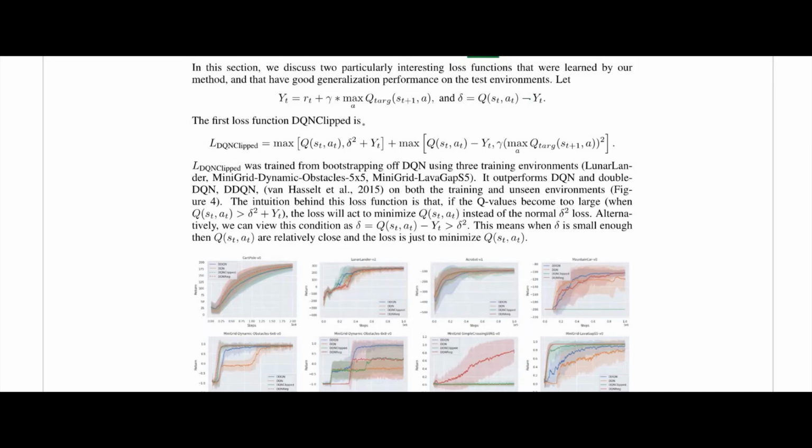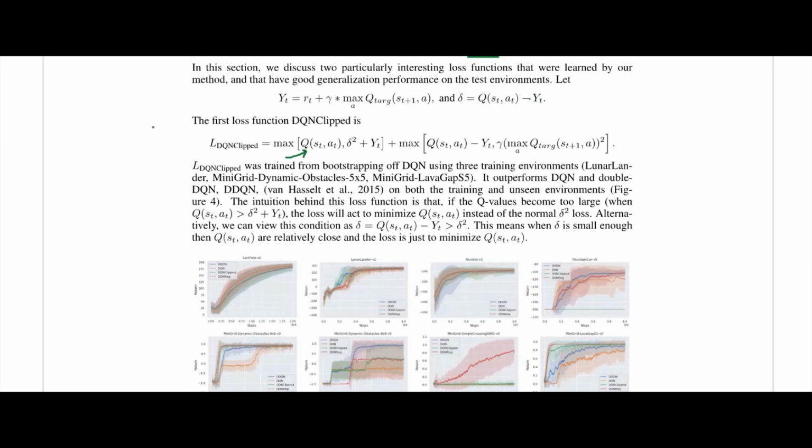Delta square is basically the standard DQN loss, and as you can see, if you solve this, then if the Q value is too high, if the Q value is greater than the delta square, then this term would become active and the algorithm would minimize the Q value.